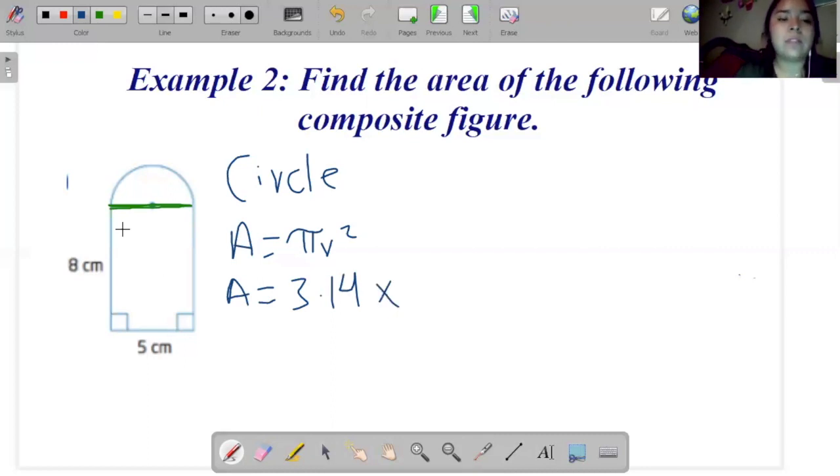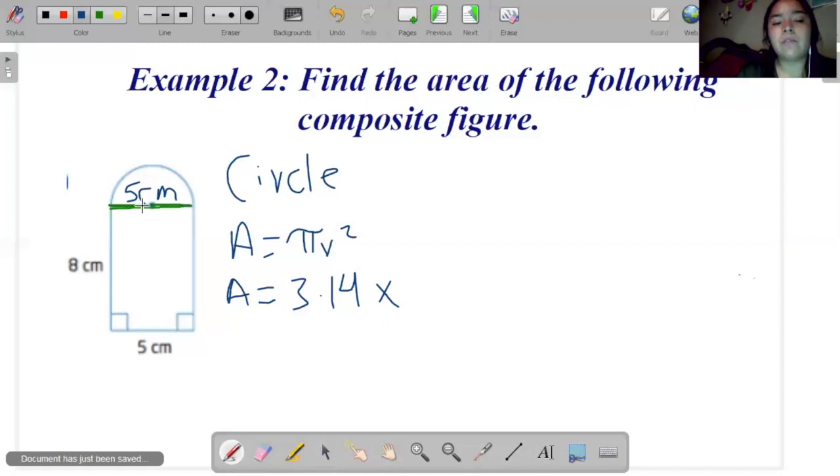Here we're given the diameter, but we want the radius. The radius is half of the diameter. So how much is our diameter? Our diameter here is going to be 5 centimeters, because this bottom line and this green line here are the same length. Since this is 5, this is going to be 5 centimeters as well.